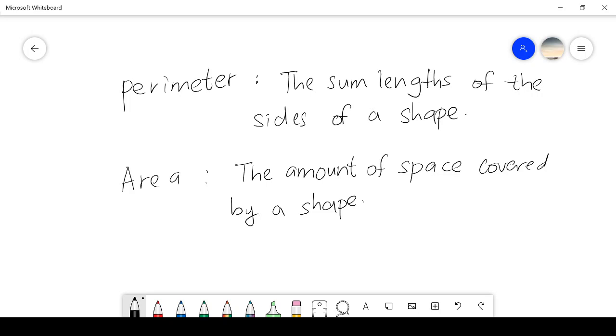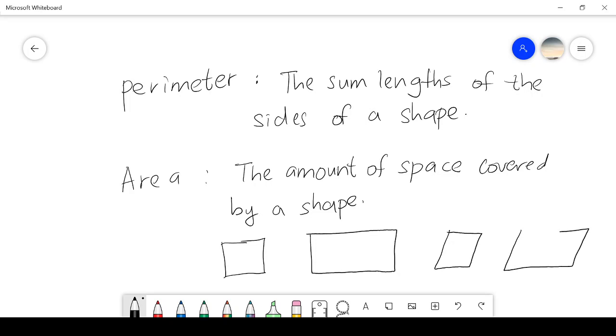For this lesson, we're going to be dealing with polygons, and the types of polygons we are going to be dealing with are squares, rectangles, rhombi, and parallelograms.